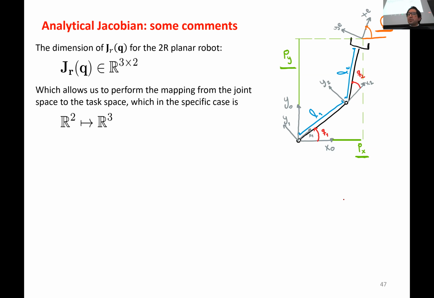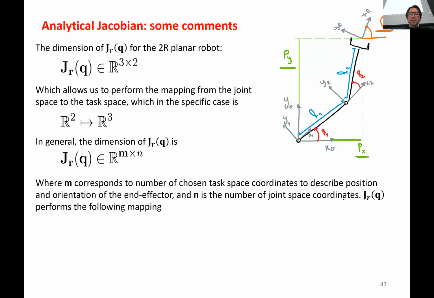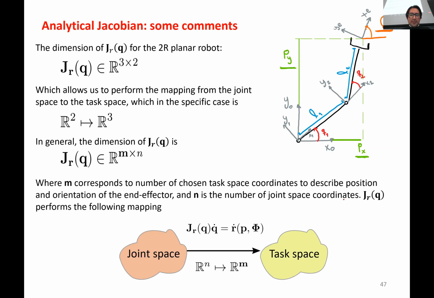This allows us to do a mapping from the joint space, which has 2 degrees of freedom, to the task space, which is of dimension 3. In general, the dimension of the analytical Jacobian is m by n, where m corresponds to the number of task space variables.